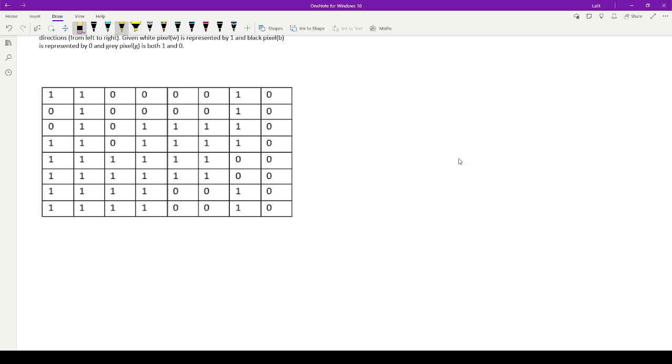Something wrong with one node. Okay, how should I do it? Just give me a minute.